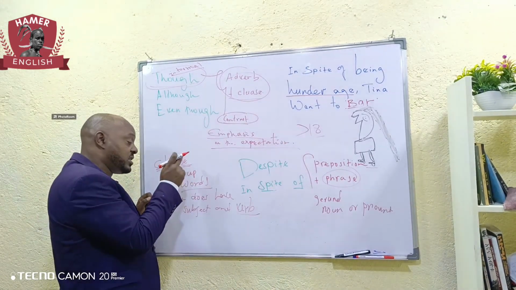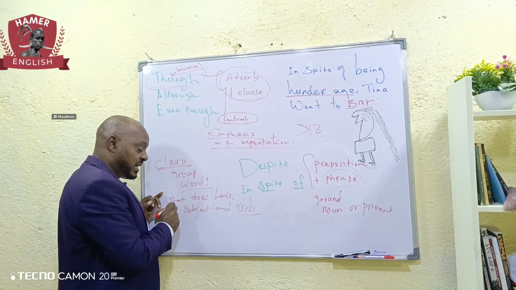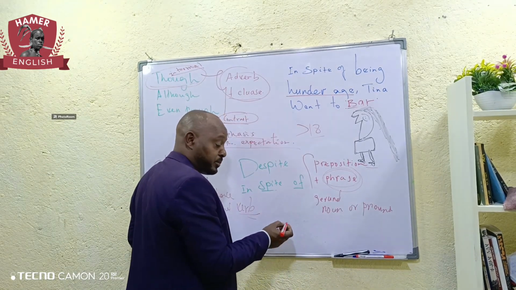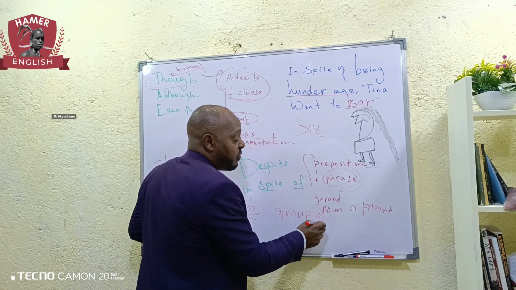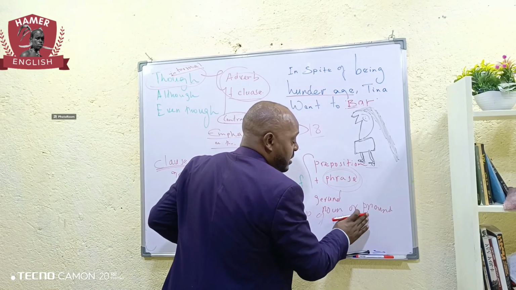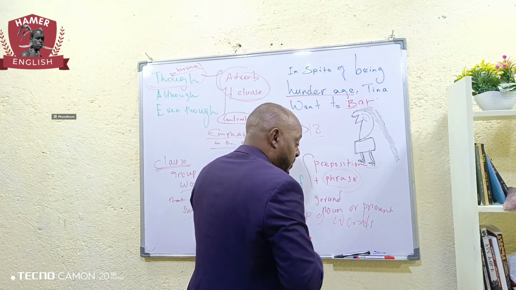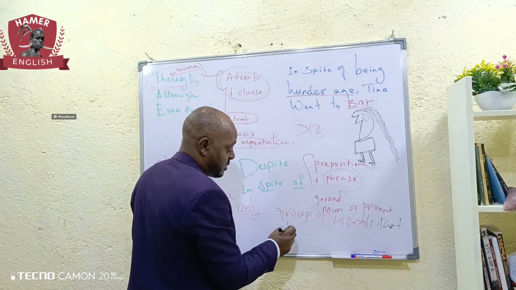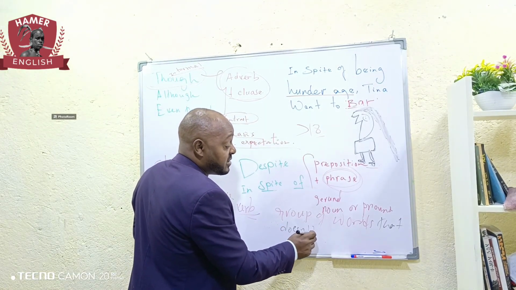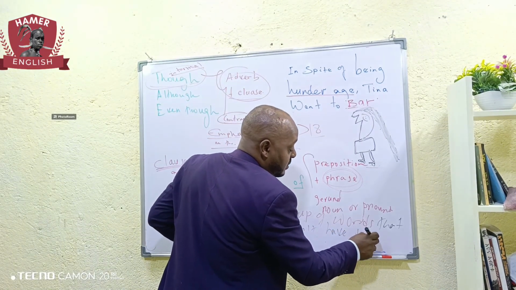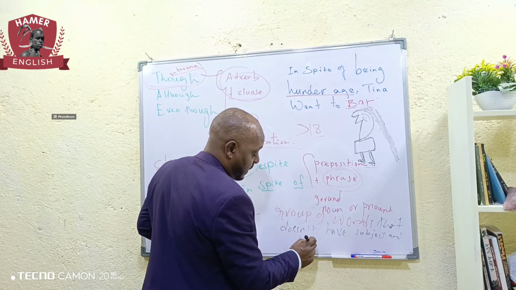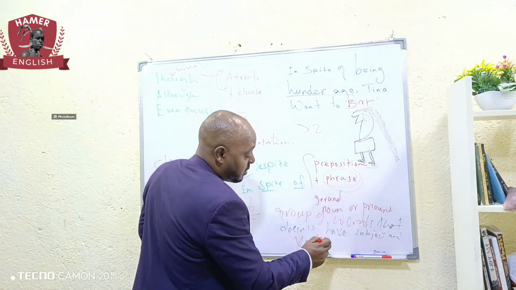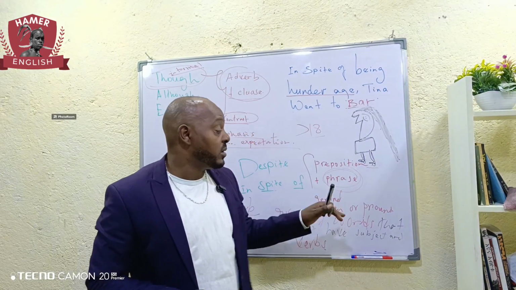I told you that a clause is a group of words that does have a subject and a verb. But a phrase is a group of words that doesn't have a subject and verb. It's not necessary to have a subject and verb for phrases.